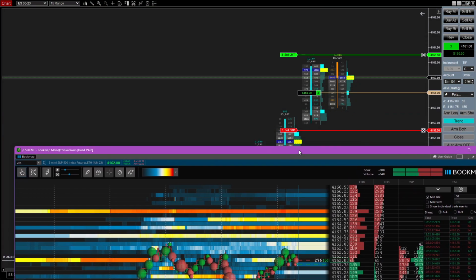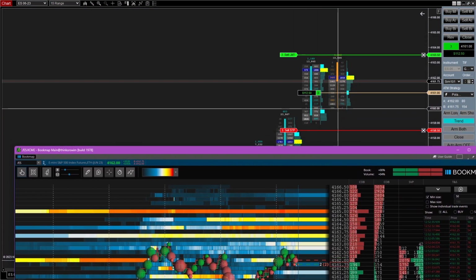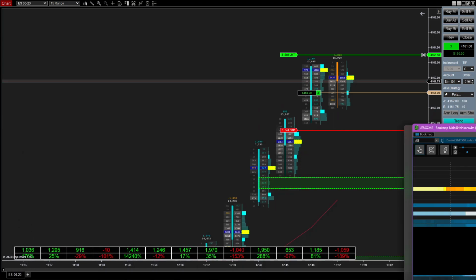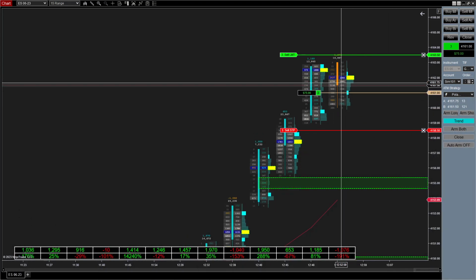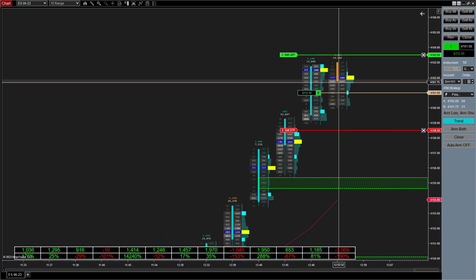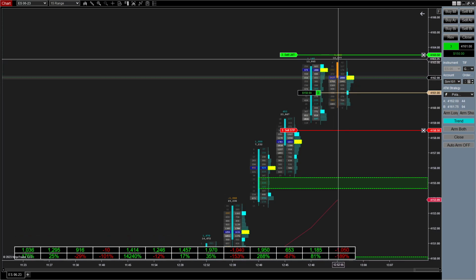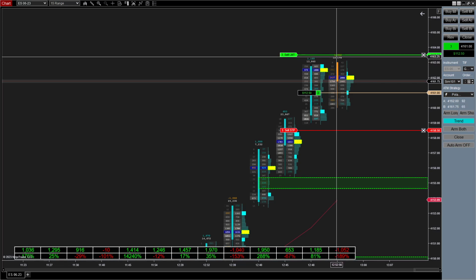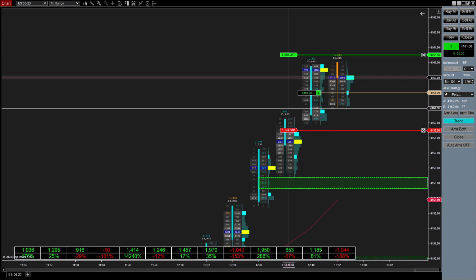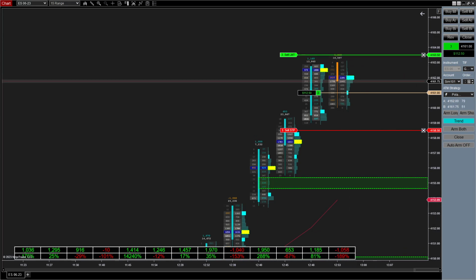Take a look at polarity here. Have absorption at the bottom of this candle and the bottom of this candle. We check the delta, it's still negative 1,000, which is pretty heavy. And quite a bit of volume on this candle as well, which is partly why the delta is so big.